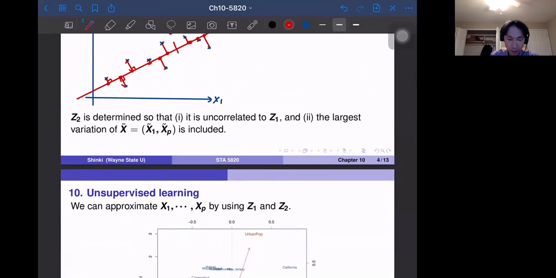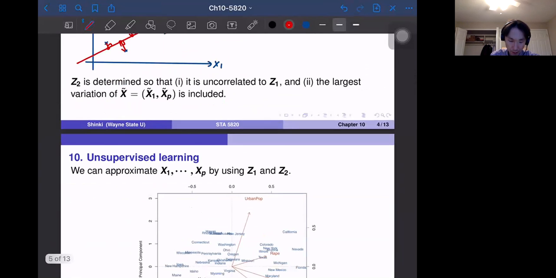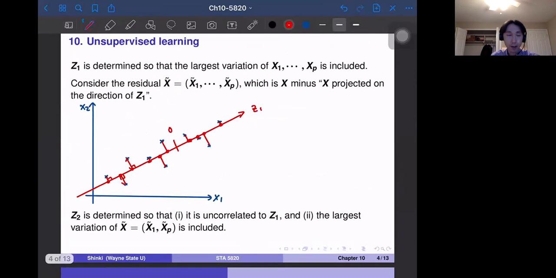To be exact, we have to use the eigenvectors to specify this. So Z1 is basically, the coefficient phi is the largest eigenvector of the original matrix of X1 to XP. X1 to XP are variables, so if we have n observations, then that is an n by p matrix, right?